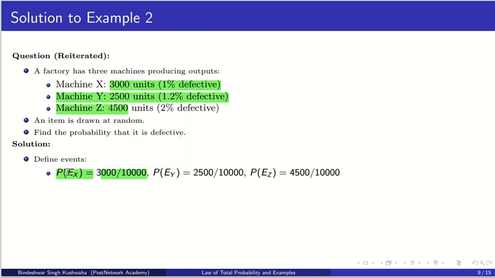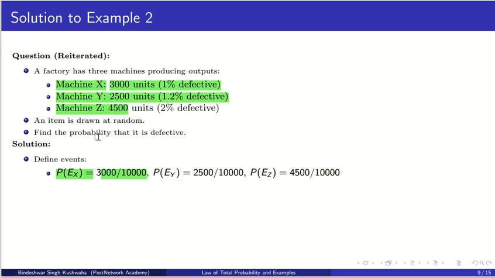So the probability that the item is from machine X, if an item is selected at random, would be 3000 upon 10,000.